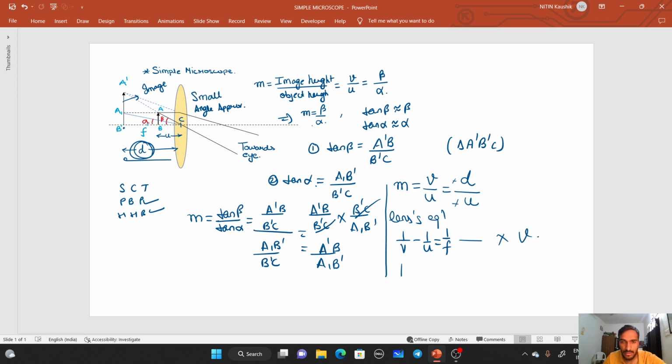So I will get 1 minus v by u is equal to v by f. Now I can substitute it: 1 minus m equal to v upon f. Or what we can do is multiply by u, where u equals d. So we can do that way also. Let me do that way.